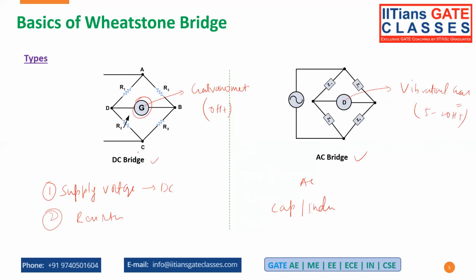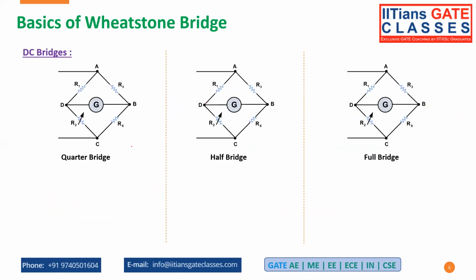So next, coming to what all types of DC bridges there are. Basically, what I told is that depending on the number of sensors that you are connecting in the arms, the configuration of the Wheatstone bridge is defined. So when you're using one arm as the sensor and the rest three arms as simple resistances, then the configuration is going to be quarter bridge, right?